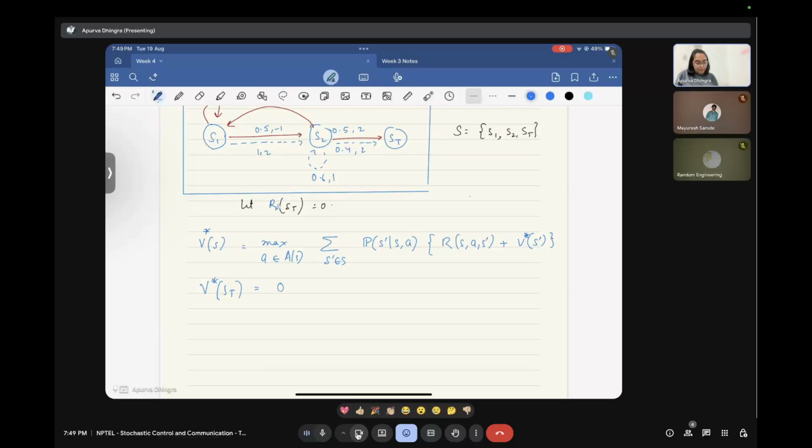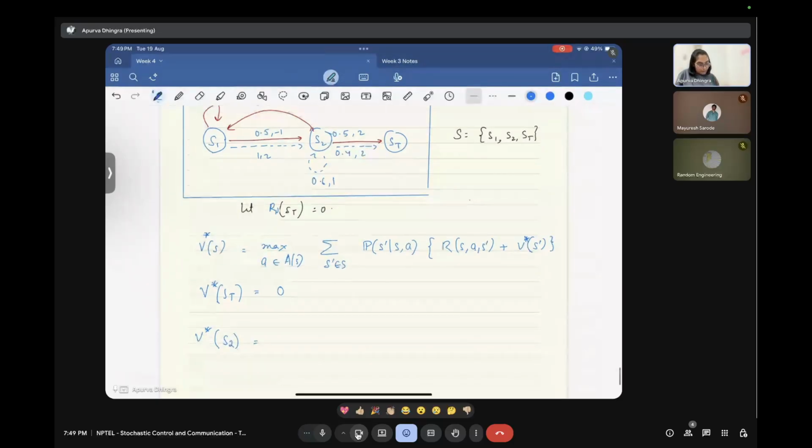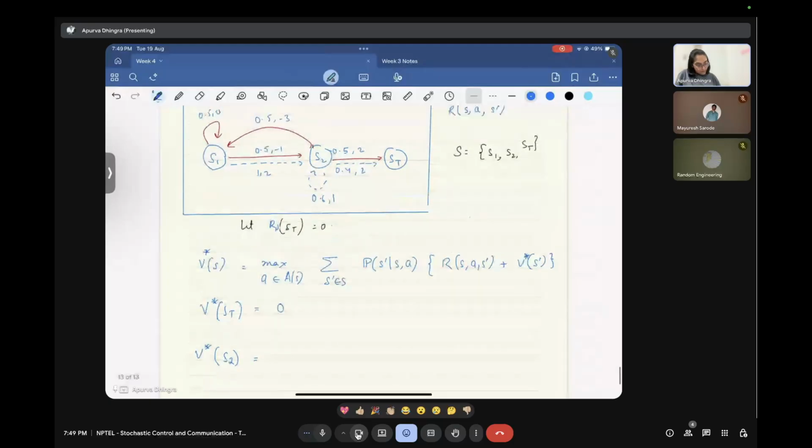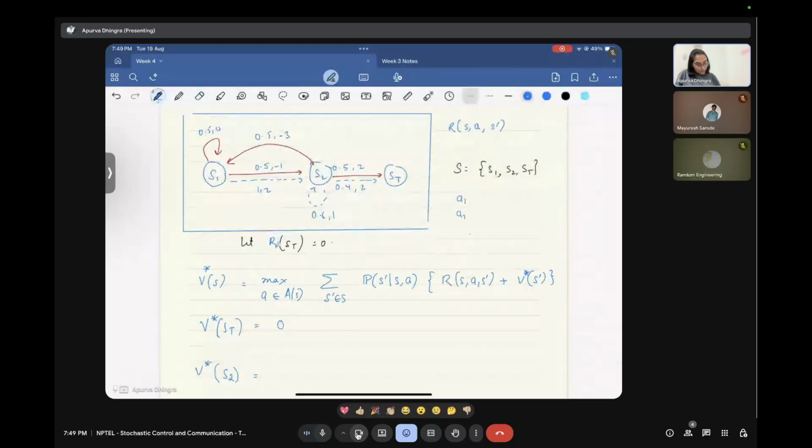Okay, but for the remaining states, this will be useful. So for V star of, let's start with S2. Okay, let me give some names. Action A1 and action A2.